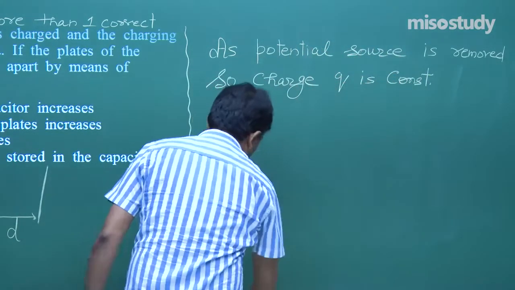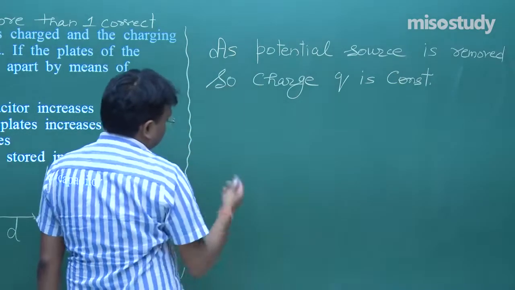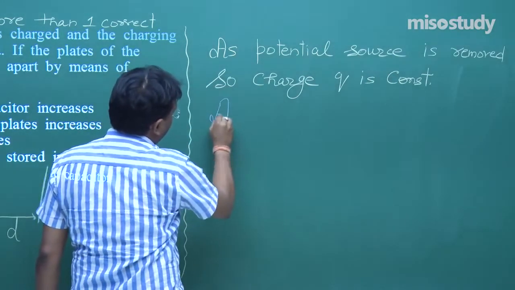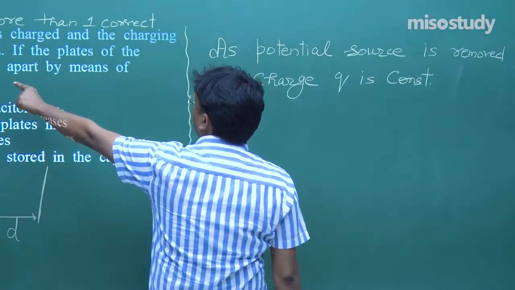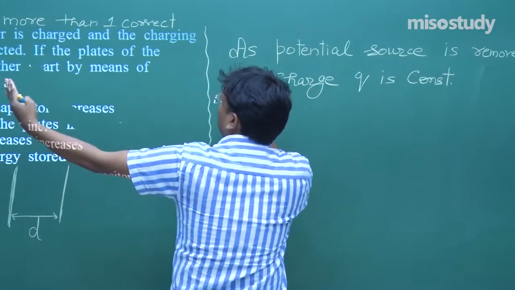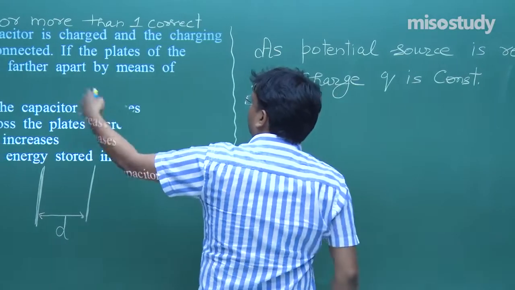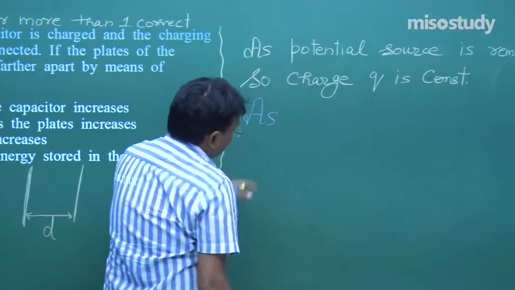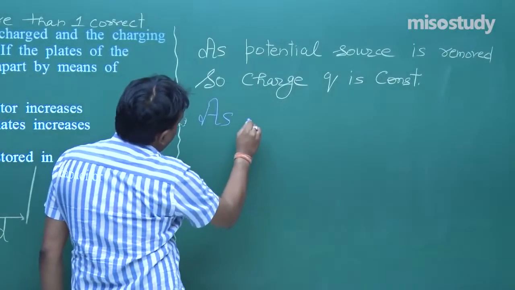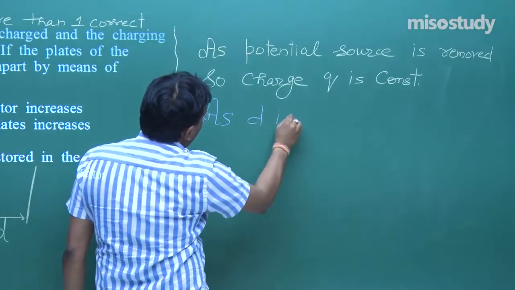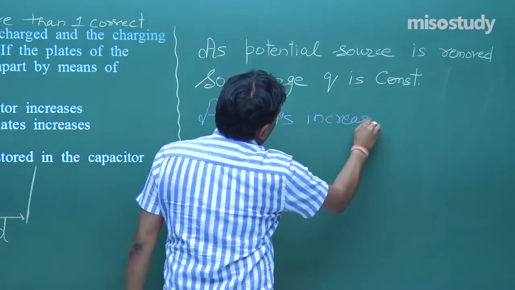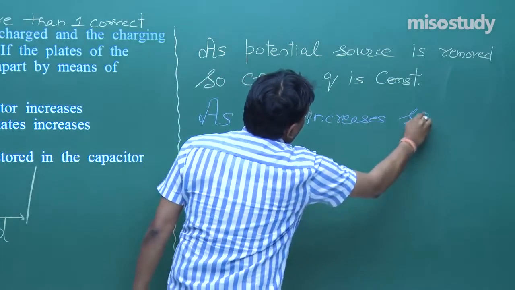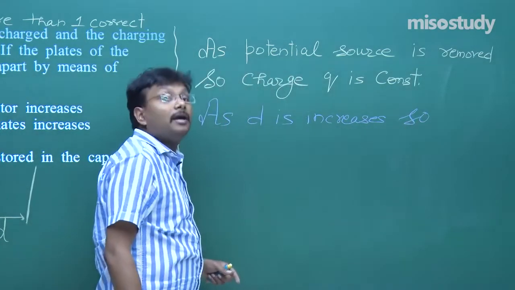Okay. Now, if the plates of the capacitor are moved further apart like this, D is increasing. So what is the meaning of this? As D increases, so what will happen with the capacitance? It will decrease.